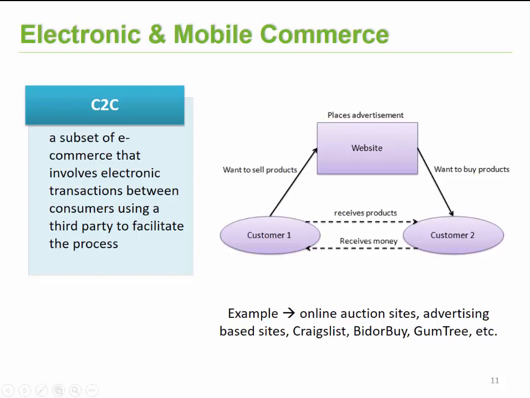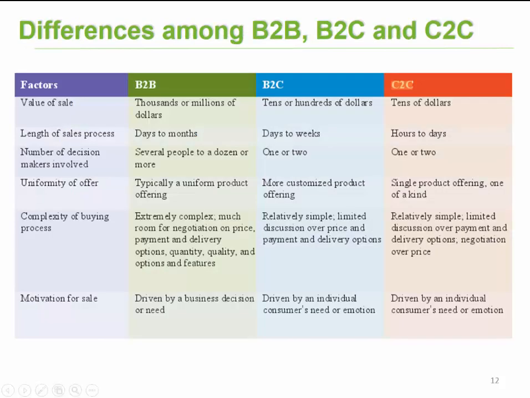Now let's look at some major differences between these types of e-commerce. We're going to look at a few factors such as the value of a sale, the length of the sale process, number of decision makers involved, uniformity of the offers, complexity of the process, and then the motivation for the sale.